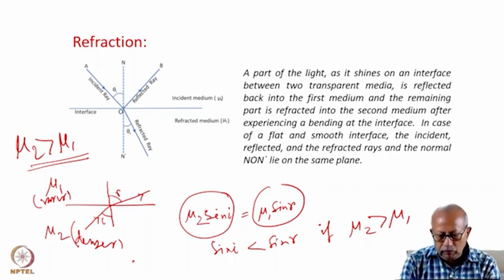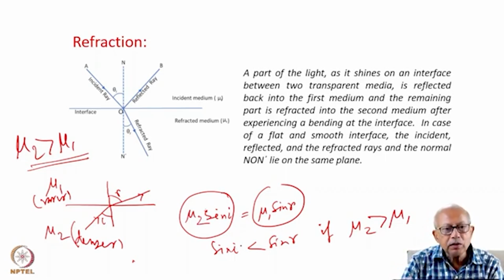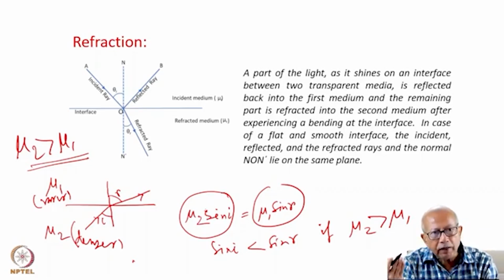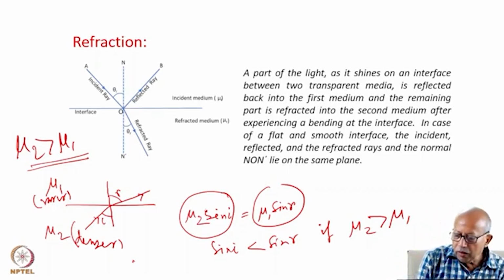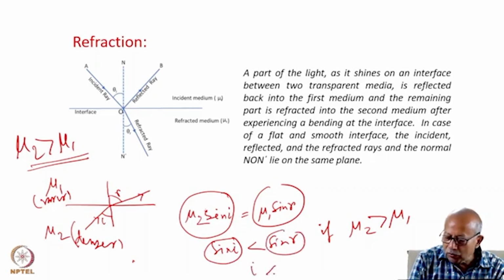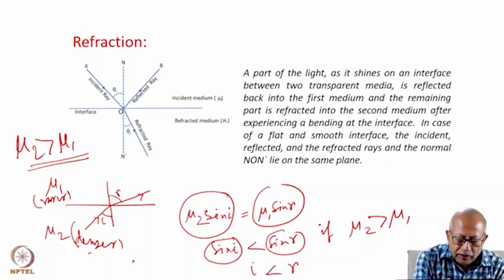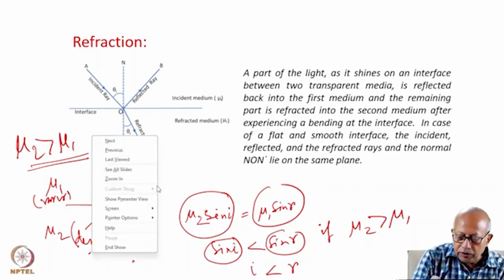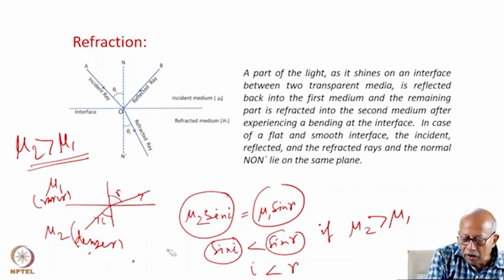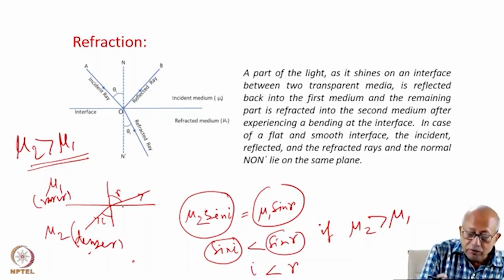Now, the value of the sine of an angle increases with increasing value of the angle. Therefore, if sin I has to be less than sin R, I has to be less than R. So we can say that when light travels from a denser medium to a rarer medium, it bends away from the normal because R is more than I, and vice versa.